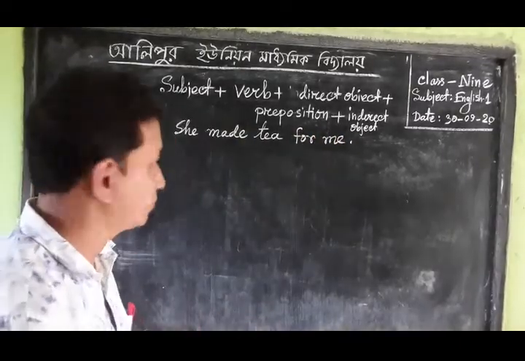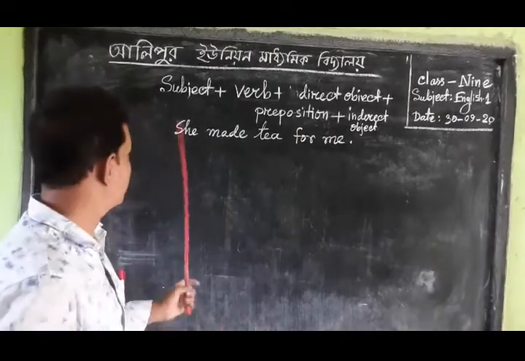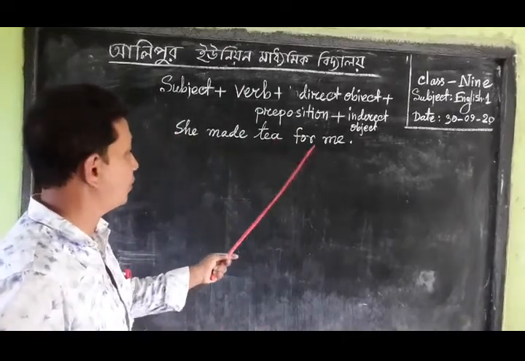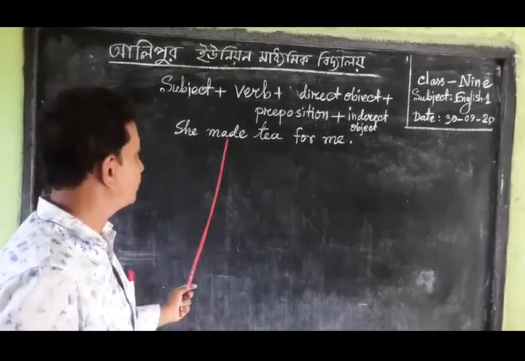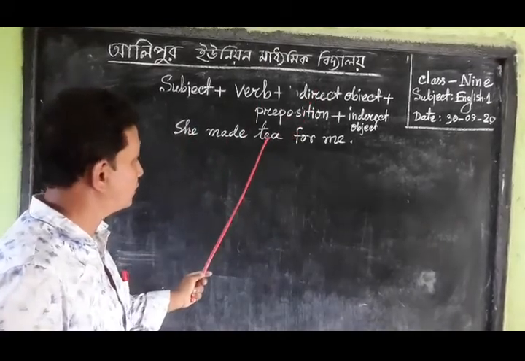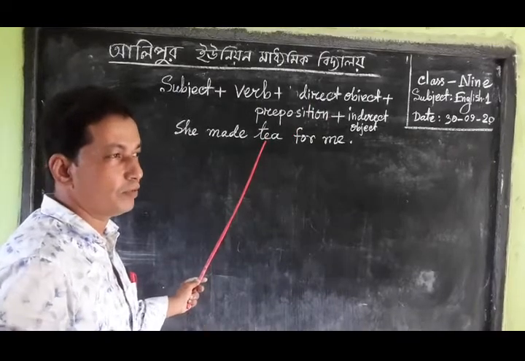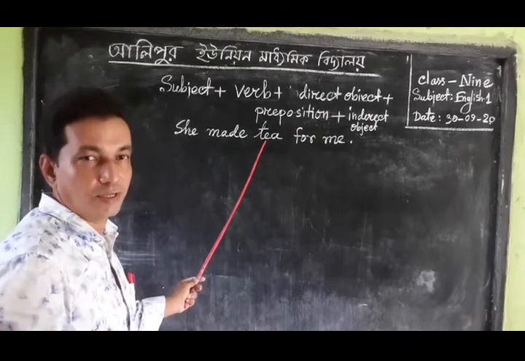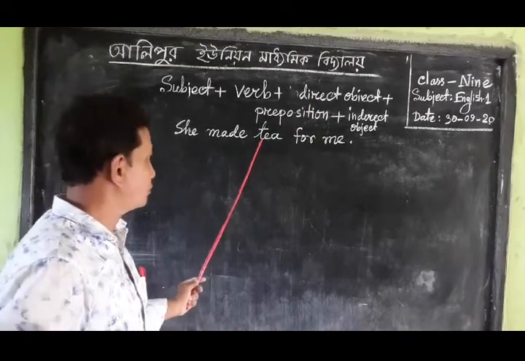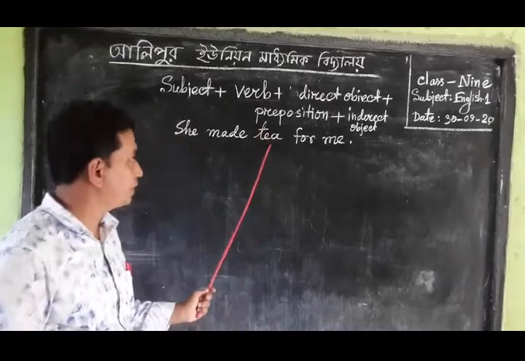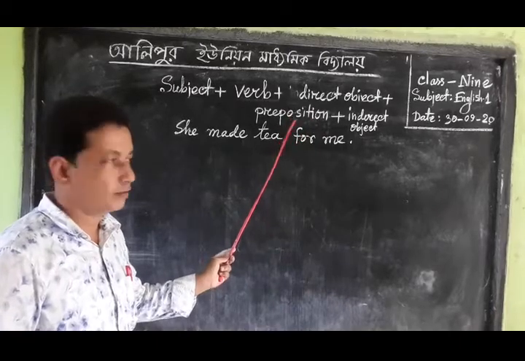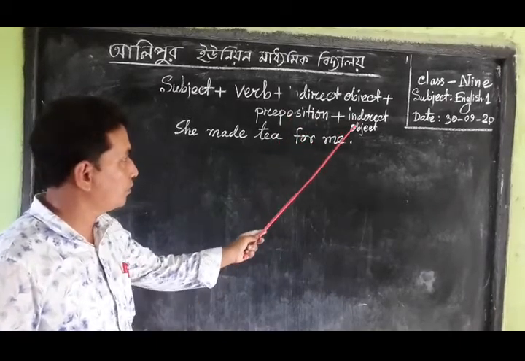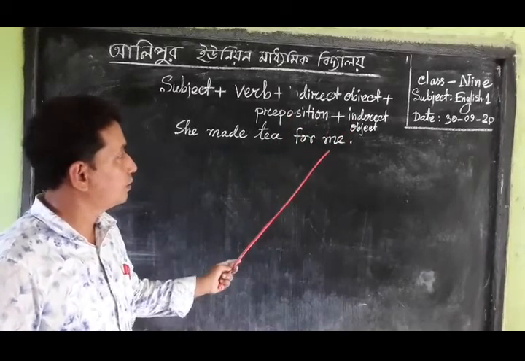Dear learners, look at the blackboard. She made tea for me. She is the subject, made is the verb, tea is a direct object. Tea, because it's the name of a thing. It is not the name of a person. So tea is here the direct object, and then for is a preposition, and after for we have written me.